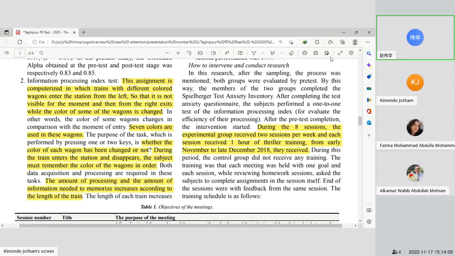So what about the follow-up? After the training, they waited for 1 week. Then they did the post-test. Okay, so what about after the post-test?